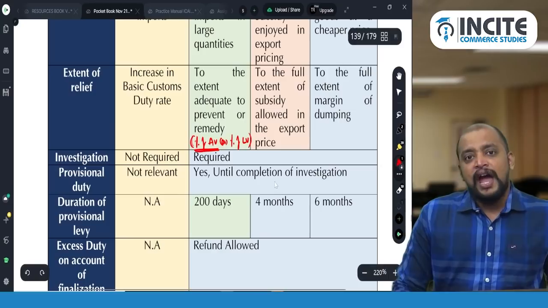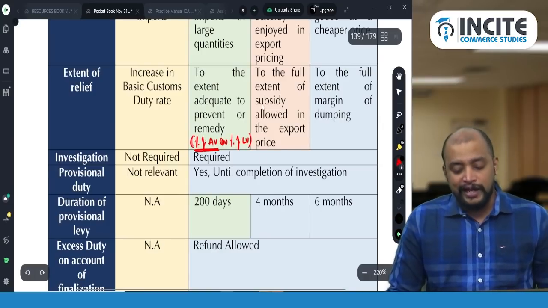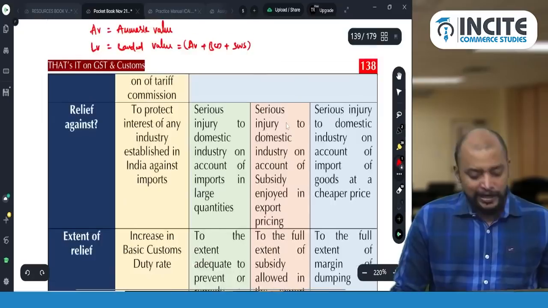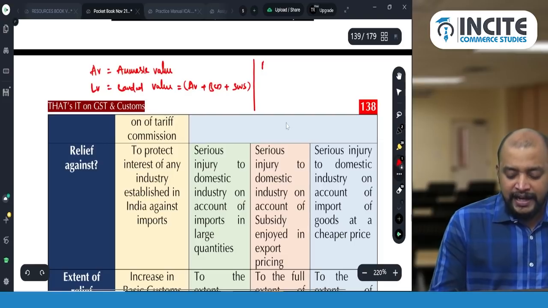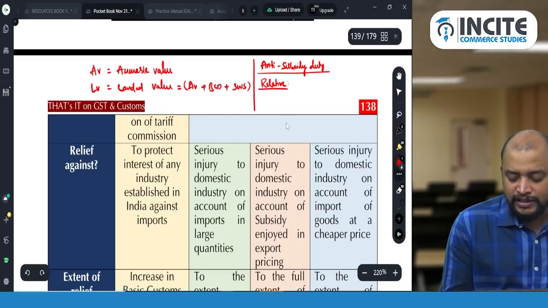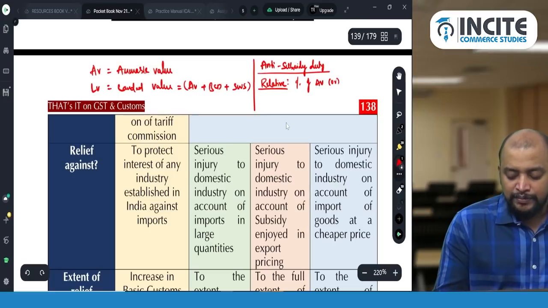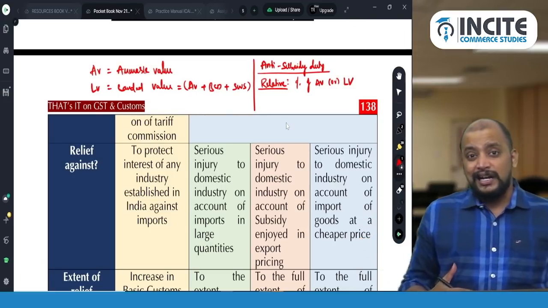For anti-subsidy duty we have two, either a relative measure or an absolute measure. Relative measure means percentage of AV or LV, assessable value or landed value.